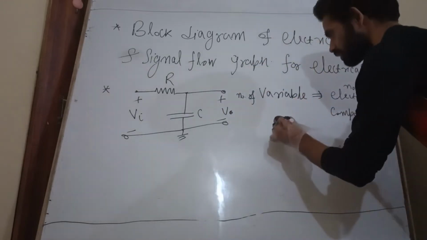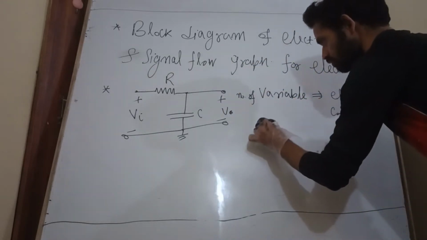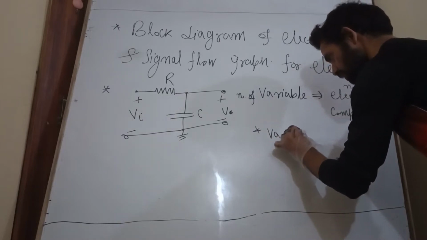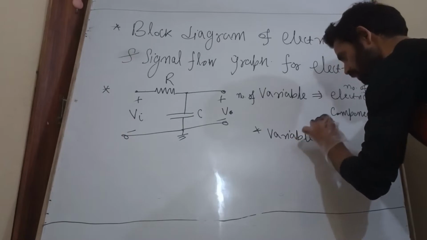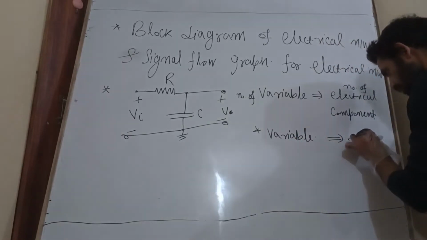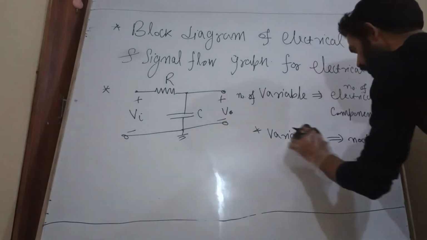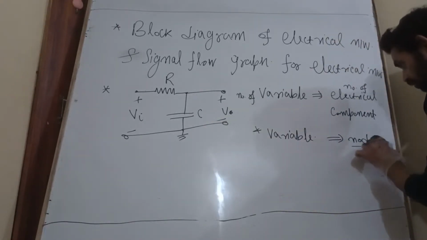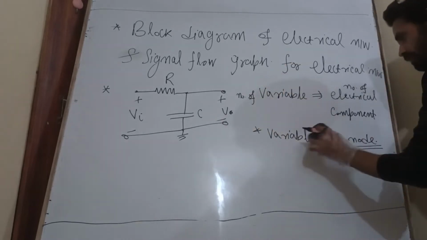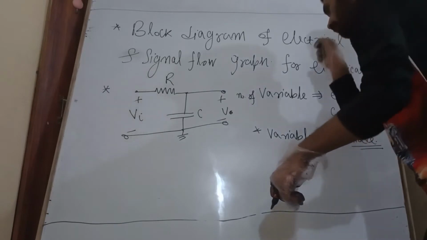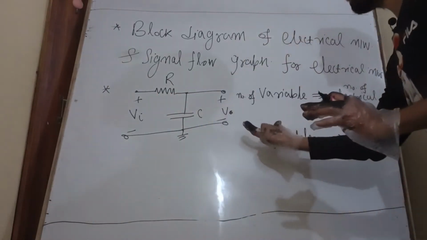Okay, single node. A variable in the electrical network is nothing but a node in the block diagram. So this variable is represented by a node in the signal flow graph.